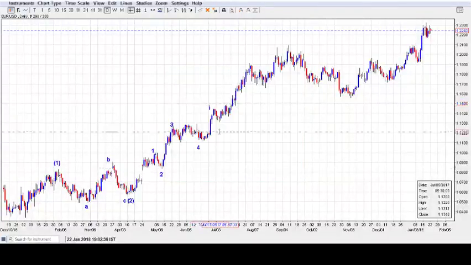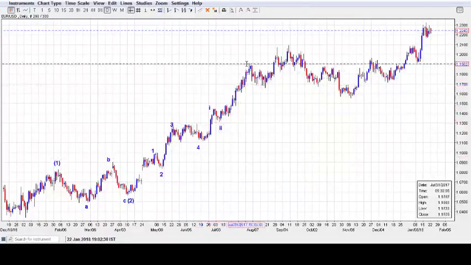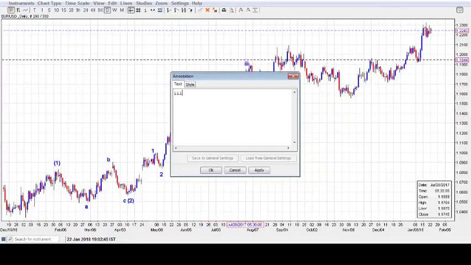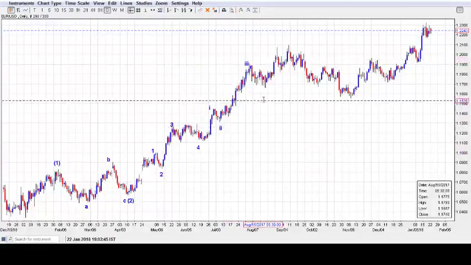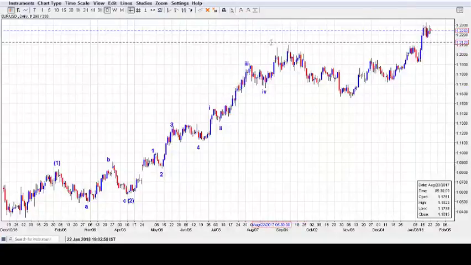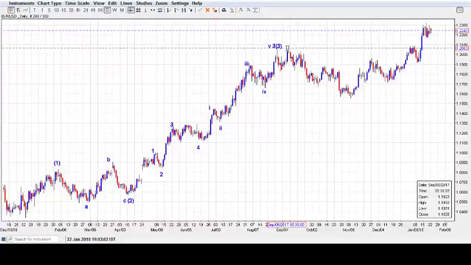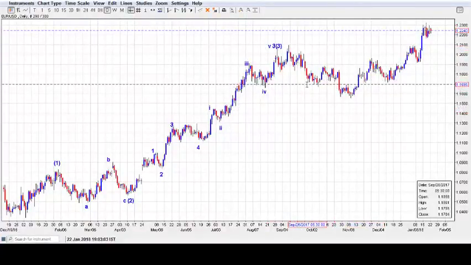That is 1, 2, 3, 4, and 5. Brings us to wave 3, and also the third wave of one higher degree in bracket 3, and then a zigzag movement 5, 3, 5.